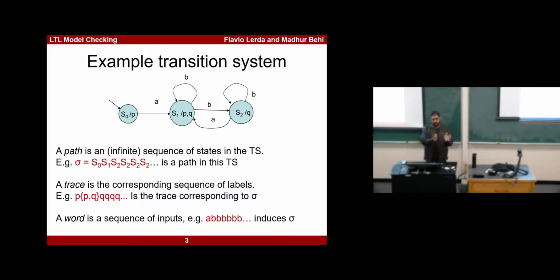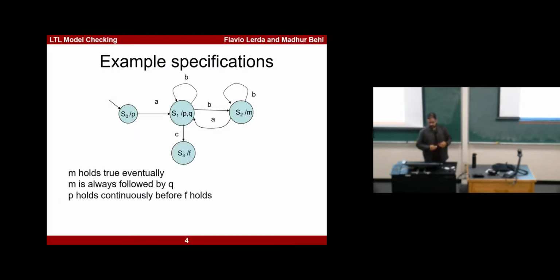And so a word induces a path. And then when traversing a path, you accumulate or log down which propositions were true where. And so what you end up with is a trace, which is of interest to us, because that's where the information about some behavior that we are interested in as a designer lies, in the trace of the system. And so we saw examples of that.